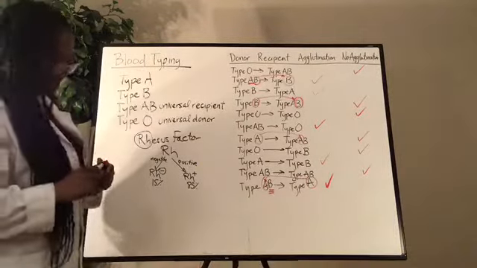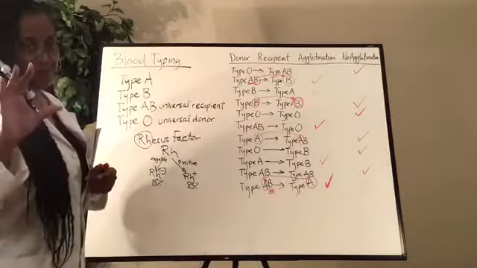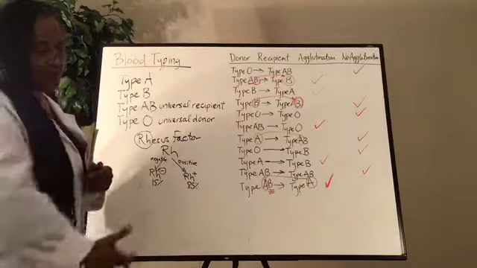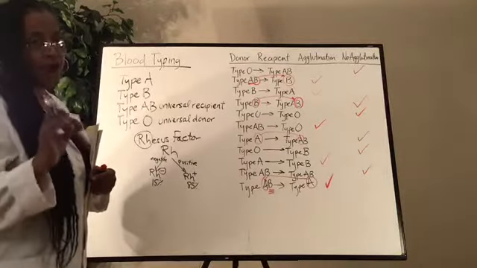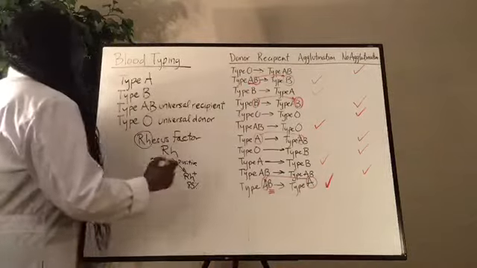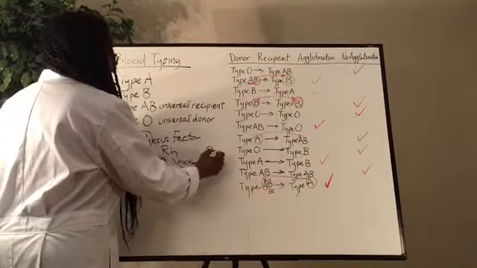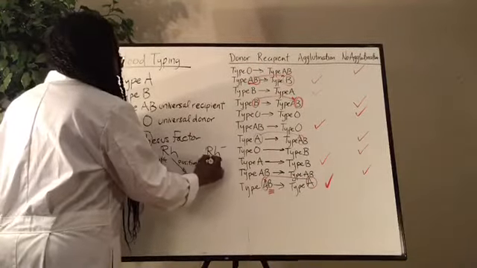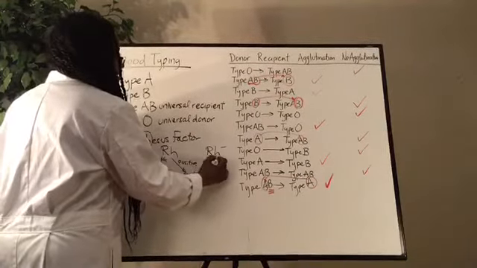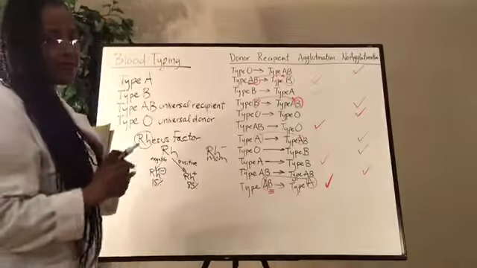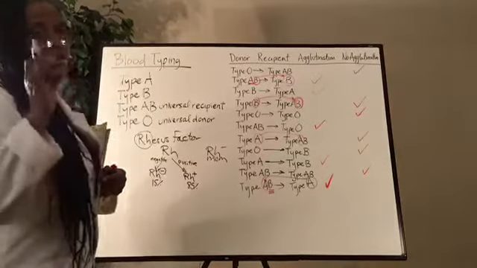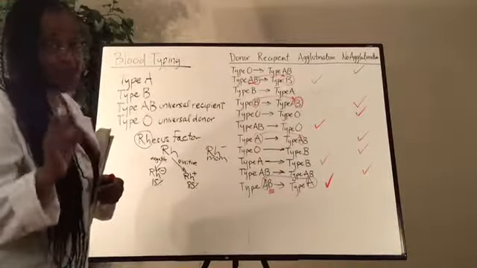The problem comes in when the potential mom, say she's pregnant, is RH negative. This is a potential mom, but she's pregnant. So RH negative mom. Why is that a problem? Only because most people are RH positive.